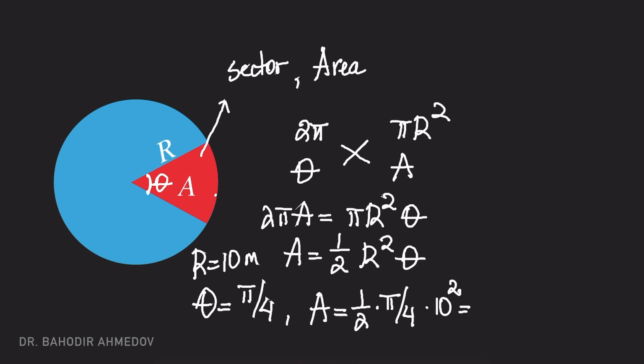So this is going to be equal to pi times 10 squared divided by 8. Okay, so this is how we can calculate the areas of sectors, or the areas of whole circles.